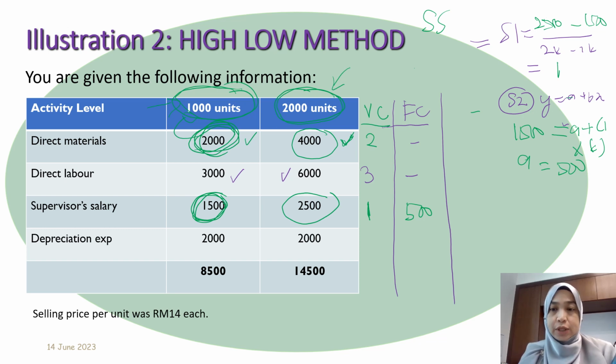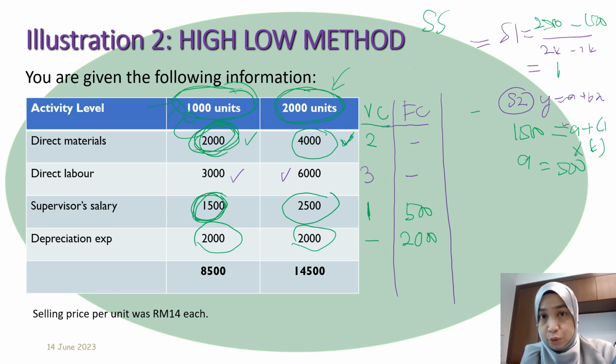Okay, mixed cost. And then for depreciation expense, if you look at the cost at 1000 units, it is 2000 ringgit. And when the activity level increases to 2000 units, the cost is still maintained at 2000 ringgit. Therefore, depreciation expense is considered as fixed cost. If you do the high-low method, when you do step 1, you will get 0 value.